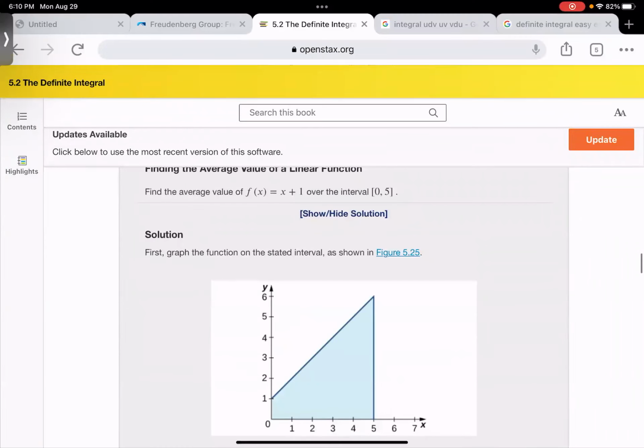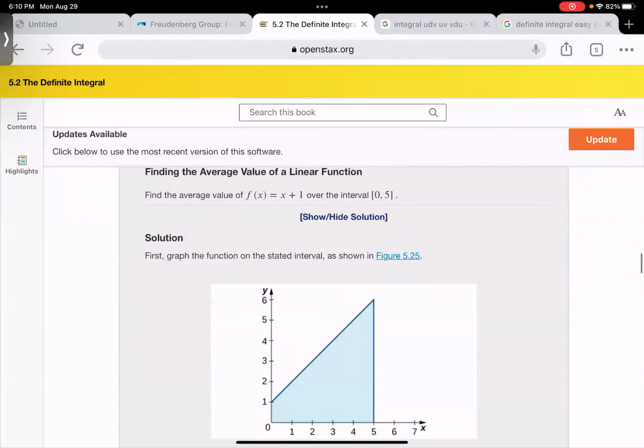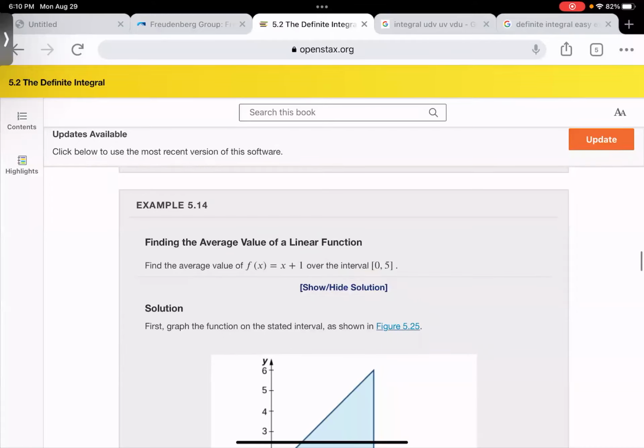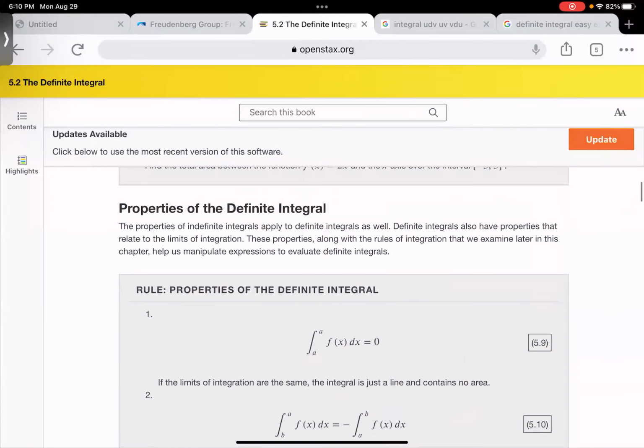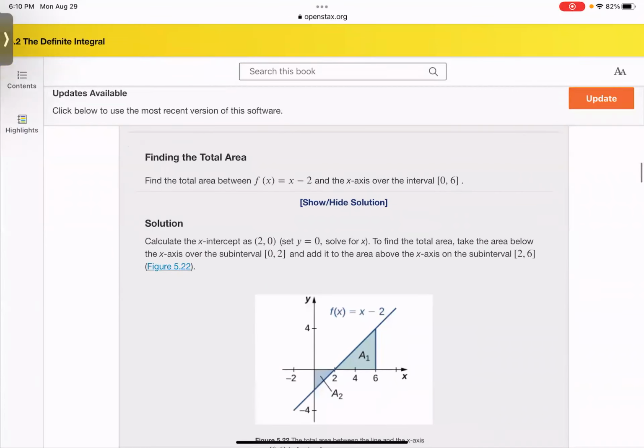And some of them even show you how to envision it. Like this one right here, actually, let's go up. Okay, in this problem, it's asking you to find the total area for the equation x minus 2 over the x-axis on the interval 0 to 6.